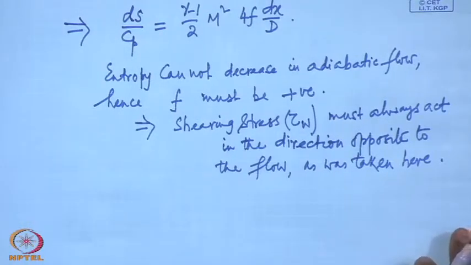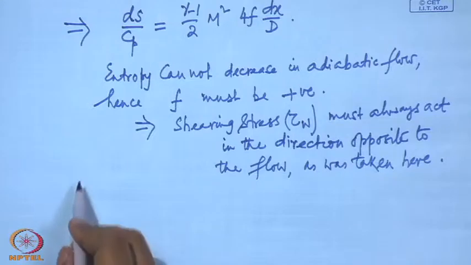And we can see now from this relation that the isentropic stagnation pressure and the impulse function always decrease when friction is present, irrespective of subsonic or supersonic flow.